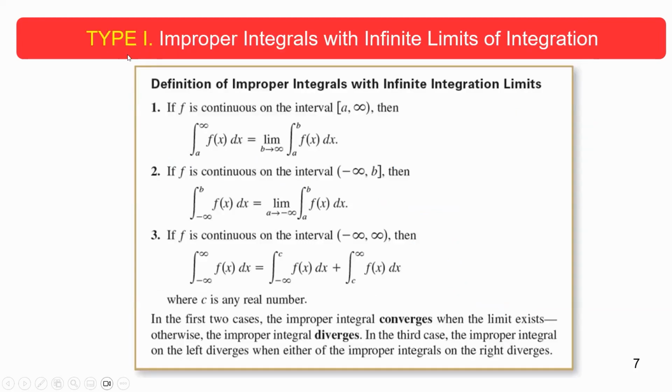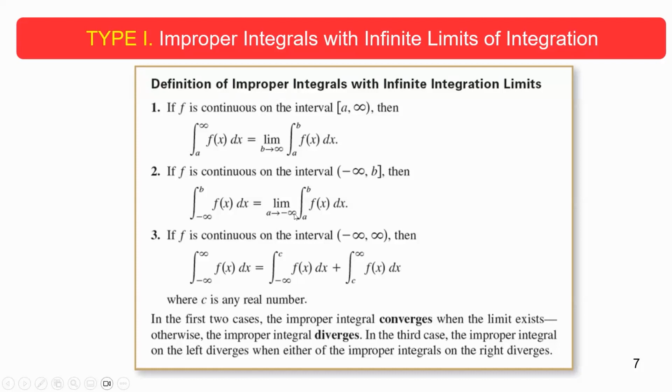So, in type 1, look at this: improper integrals with infinite limits of integration. In type 1, the infinity might appear on top, at the bottom, or on both ends. If it's on top, we replace the top with letter B, then B approaches infinity, and then evaluate that.